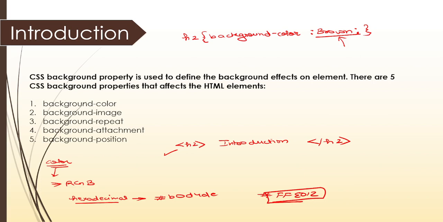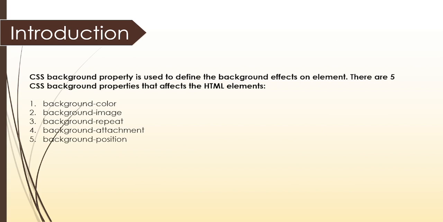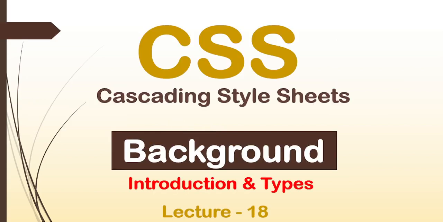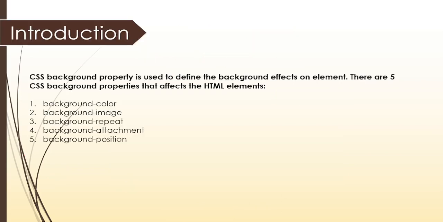Next, let's talk about the background image property. As you can see here in this particular slide, I have used a background image that includes these leaf-like structures, and in the background I have used this particular symbol just for designing. Similarly, if you want to add any background image to your website, you can use the background image property.